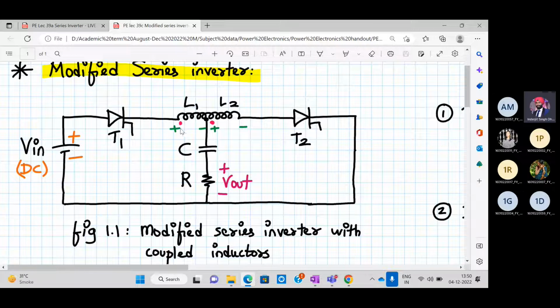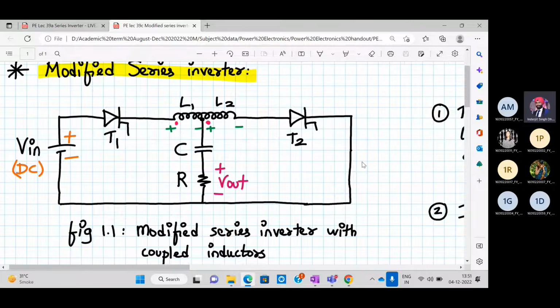We can see the dot, right? So if VL1 is induced in L1, VL2 will be induced in L2, which will be the same as VL1. So this is my modified series inverter.